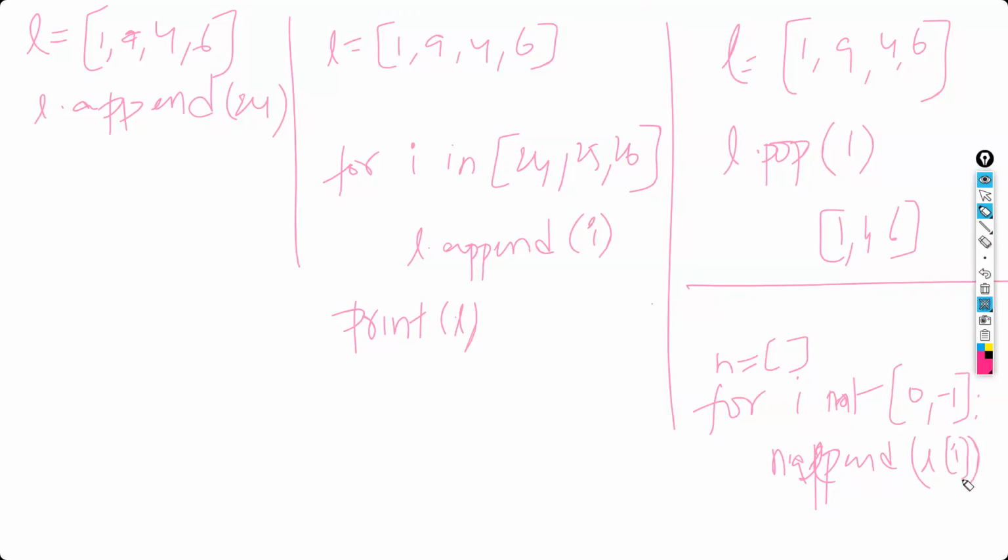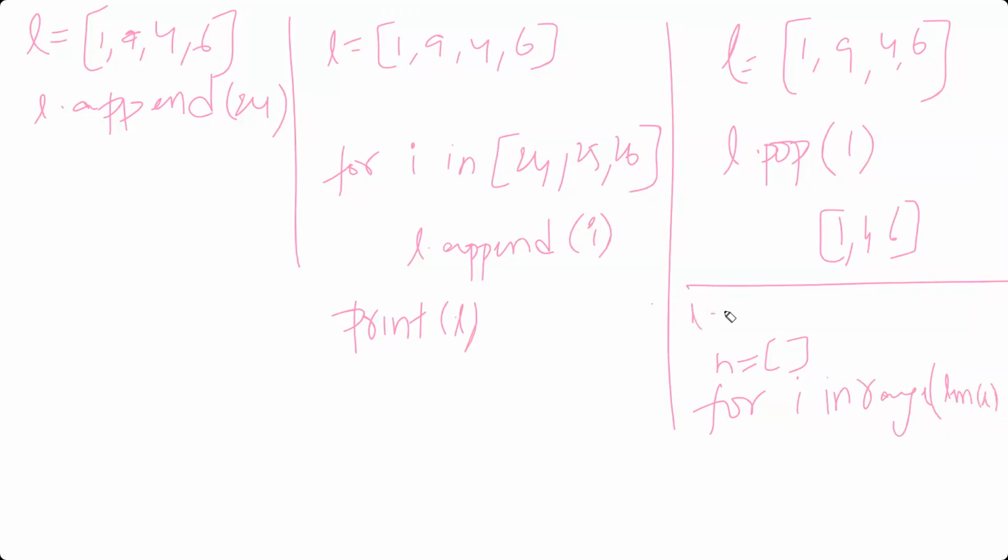Can I write like this? I'm going to consider not in, for I in range of length of L, where L is equal to 1946.